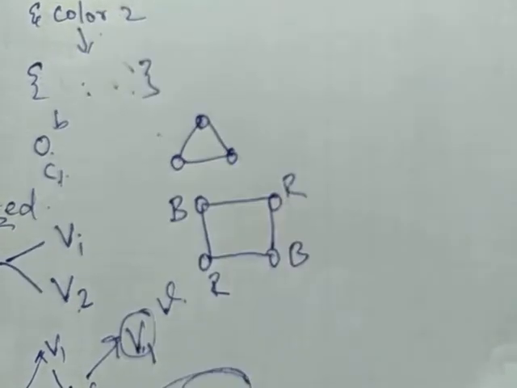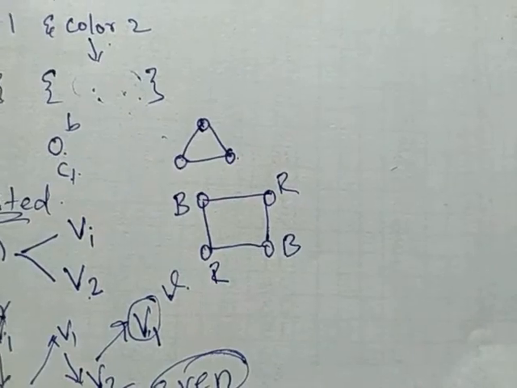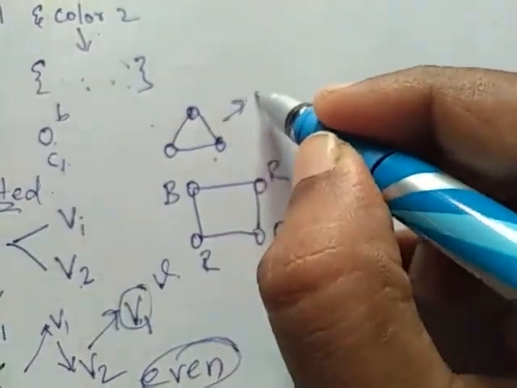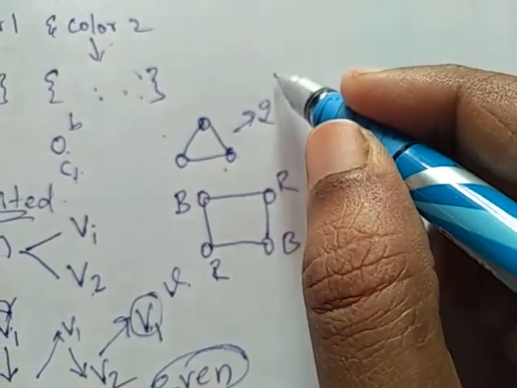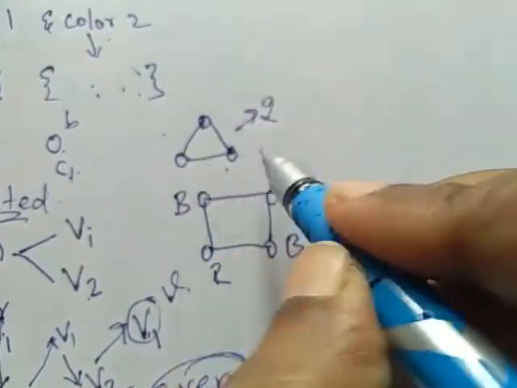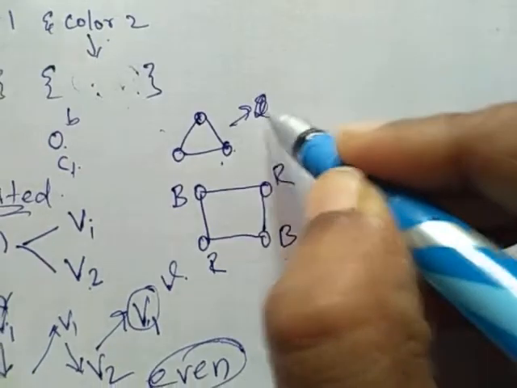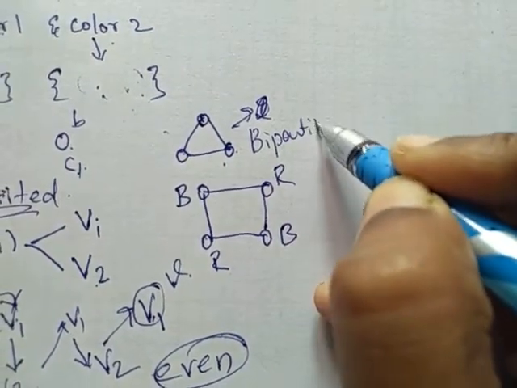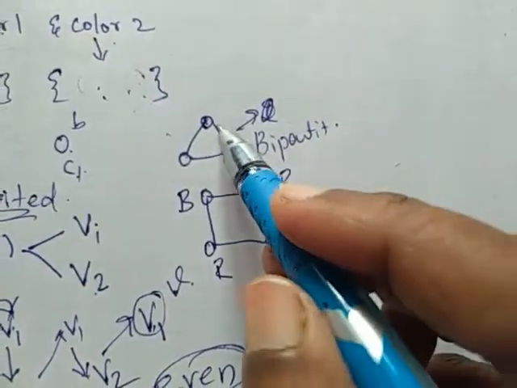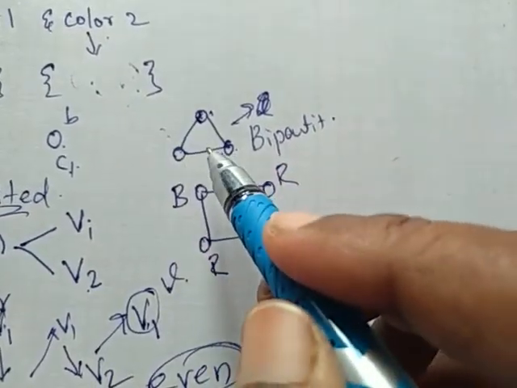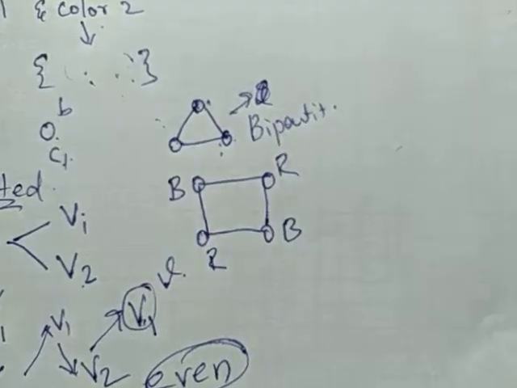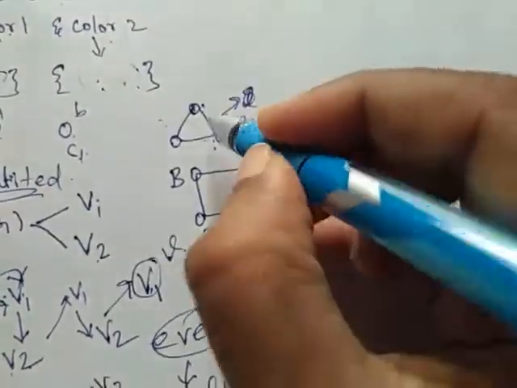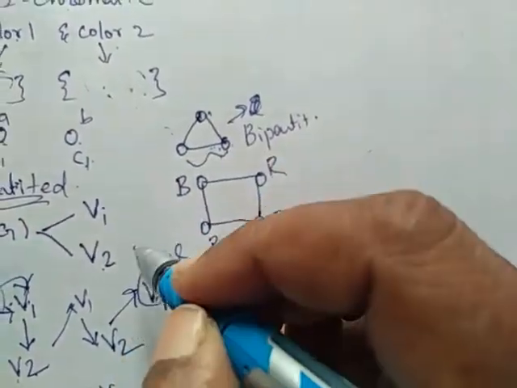So G contains a subgraph whose chromatic number is 3, which is a contradiction to the theorem. It is 2 chromatic. It is a contradiction to the graph being bipartite. So if it is 3, we cannot divide this into 2 sets because these 2 vertices are adjacent.